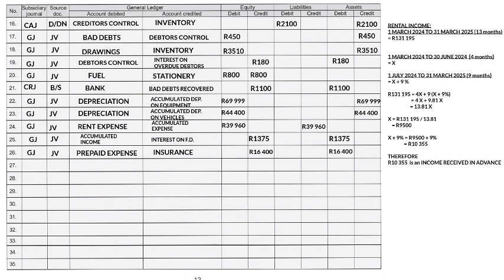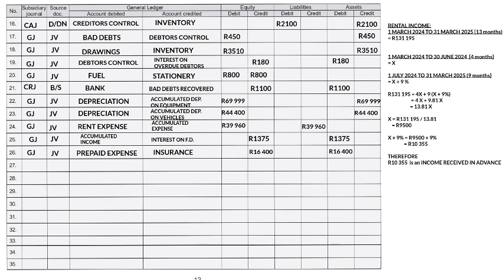So we're going to have to draw a timeline and have our dates specific to see how to calculate this. Our first time frame will run from 1 March 2024 to 31 March 2025, which is a total of 13 months. So the amount of 131,195 Rand is for a total of 13 months. If we break those 13 months up, 1 March 2024 till 30 June 2024 is 4 months.